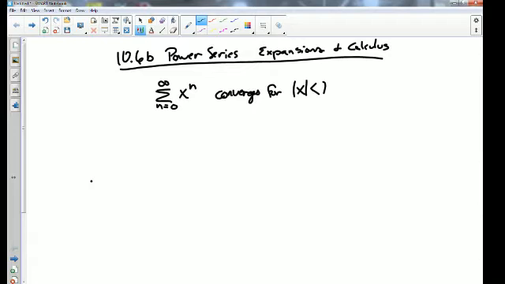Do you remember when we did the original geometric series that actually had a sum? What was that sum? 1 over 1 minus r, right? R was here, so now we just have an x.